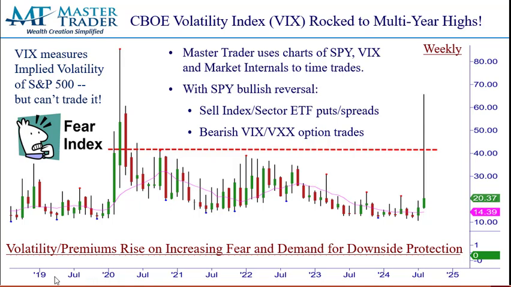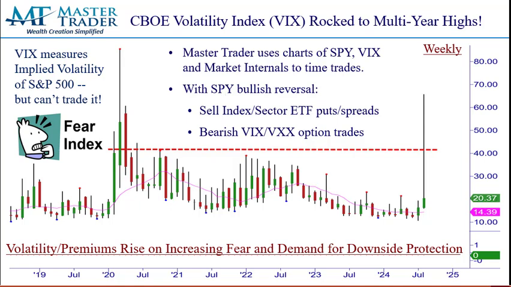I had to go back to a weekly chart here to show you how high this went. So this was the COVID spike. When the markets capitulated in this strategy I'm showing you, we did the same thing with amazing accuracy during the market sell-off at this time. So when this thing spikes like this, we are looking for a bullish reversal in the SPY, the broader markets.